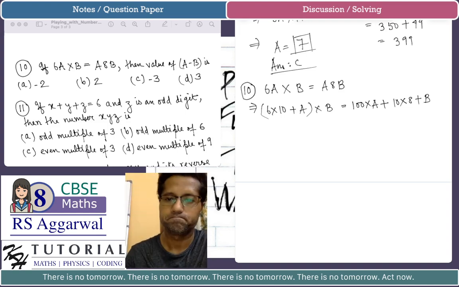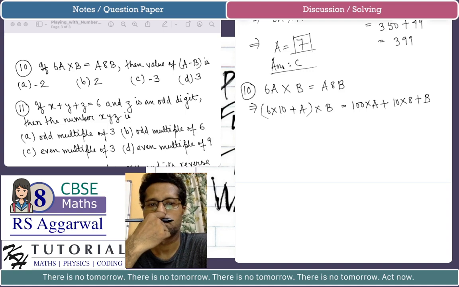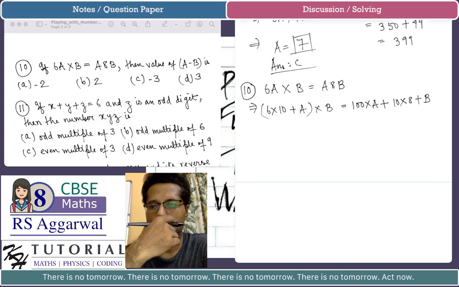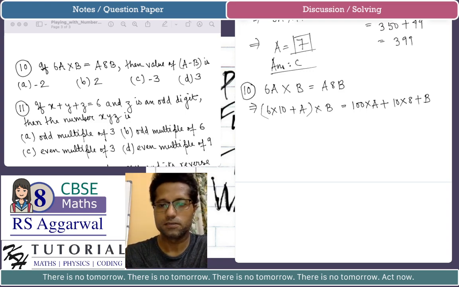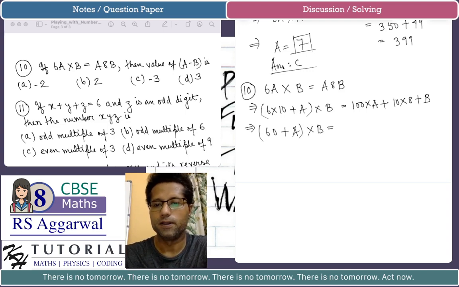So we have 60 plus a multiplied by b is equal to 100a plus 80 plus b.